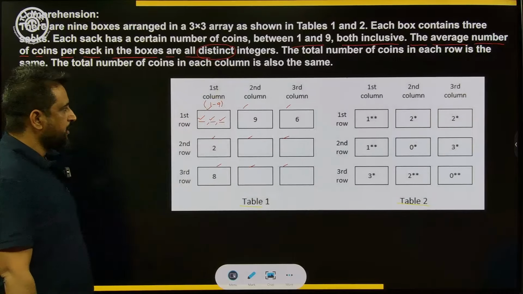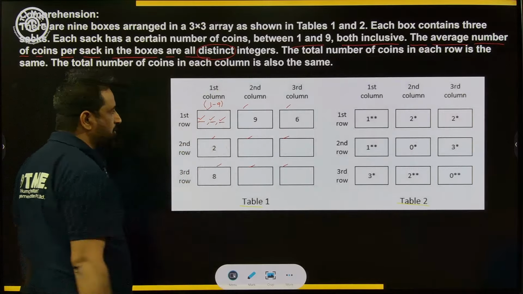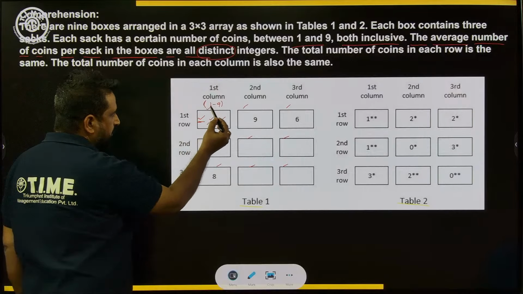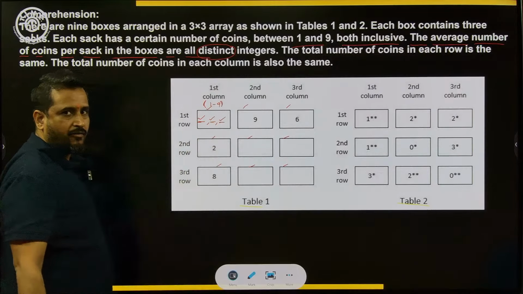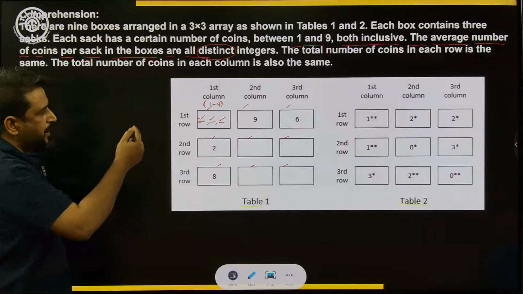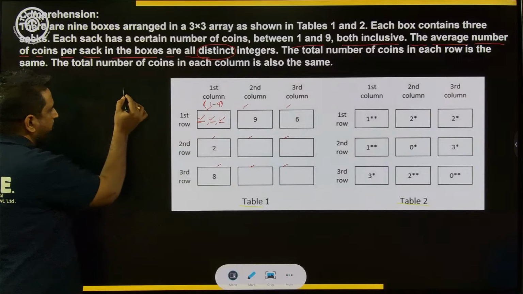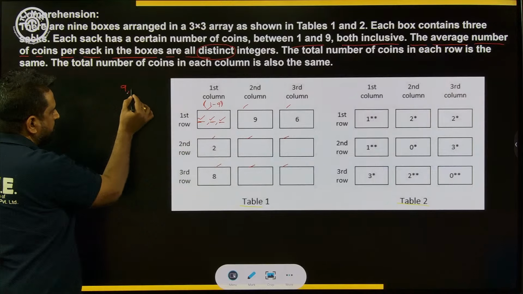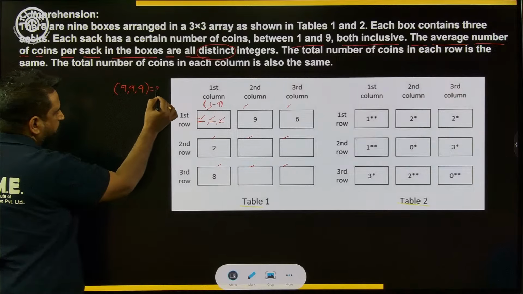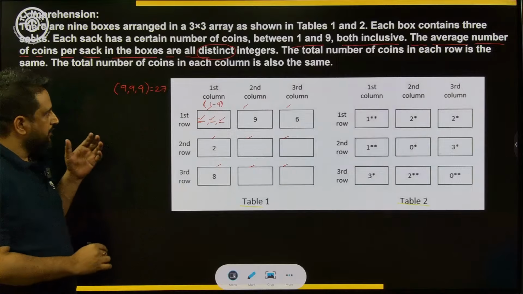Now, in each of the boxes we have three sacks, and each sack contains a certain number of coins that ranges from 1 to 9. If I observe carefully here, we have a total of 9 boxes, and any box can have a maximum sum of 27.